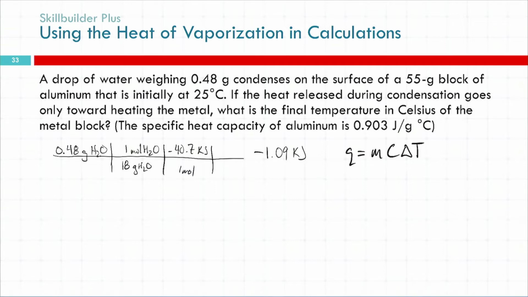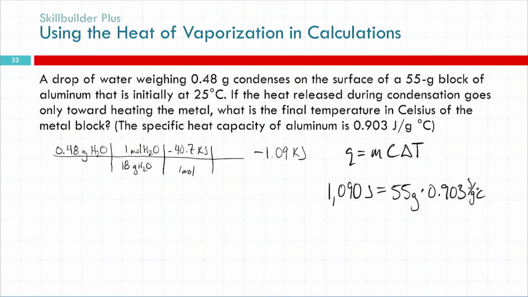And because we're adding heat to our aluminum block, this is going to be a positive Q. 1090 joules is equal to the mass of our aluminum block, 55 grams, times the heat capacity of aluminum, 0.903 joules per gram degree C.